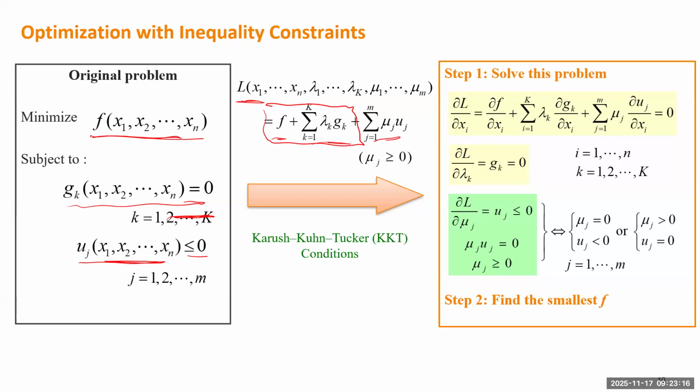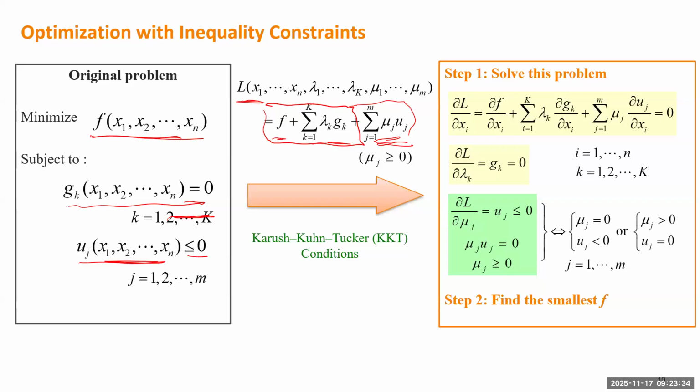But if we involve inequality constraints, we can also deal with those constraints similarly to equality constraints, by introducing mu. These are also Lagrange multipliers.